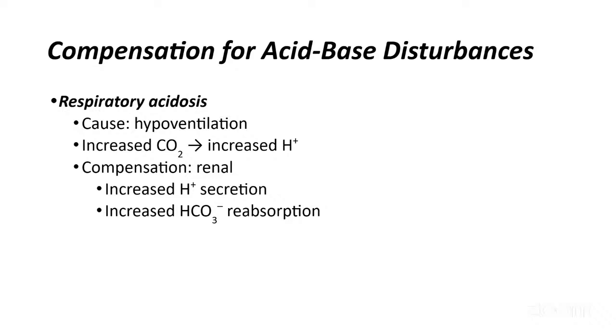So that's our problem, our respiratory acidosis. If the problem is that you're not breathing right, good chance you're not going to be able to fix it by fixing your breathing because we've got something going on with your respiratory system, right?